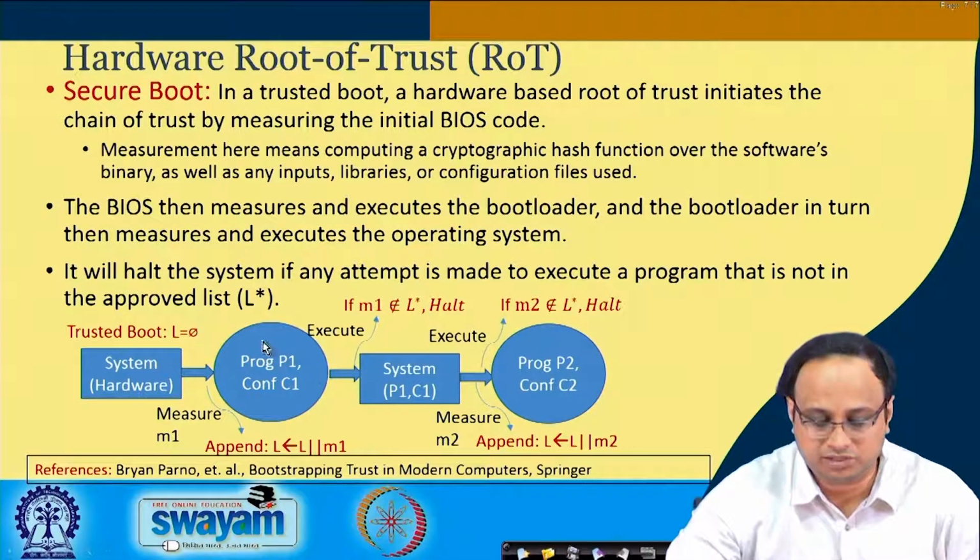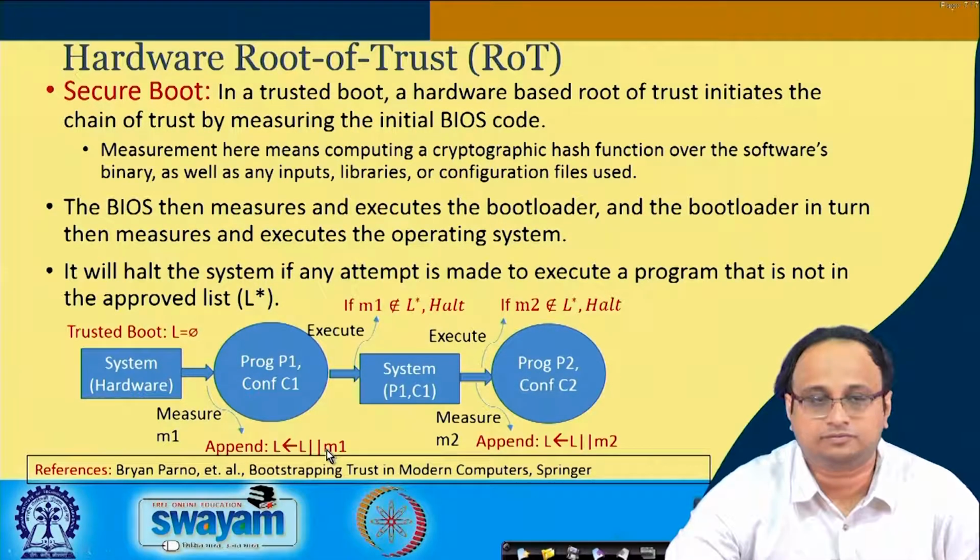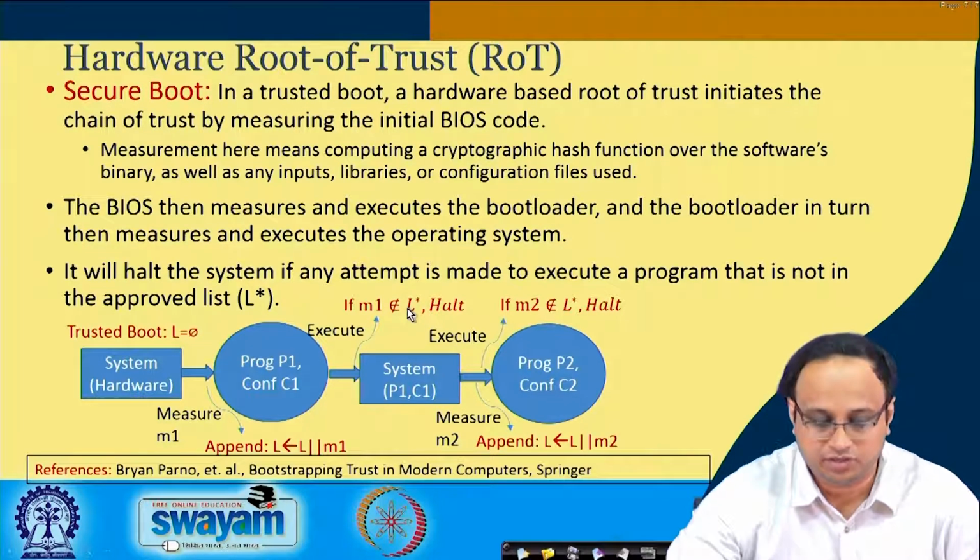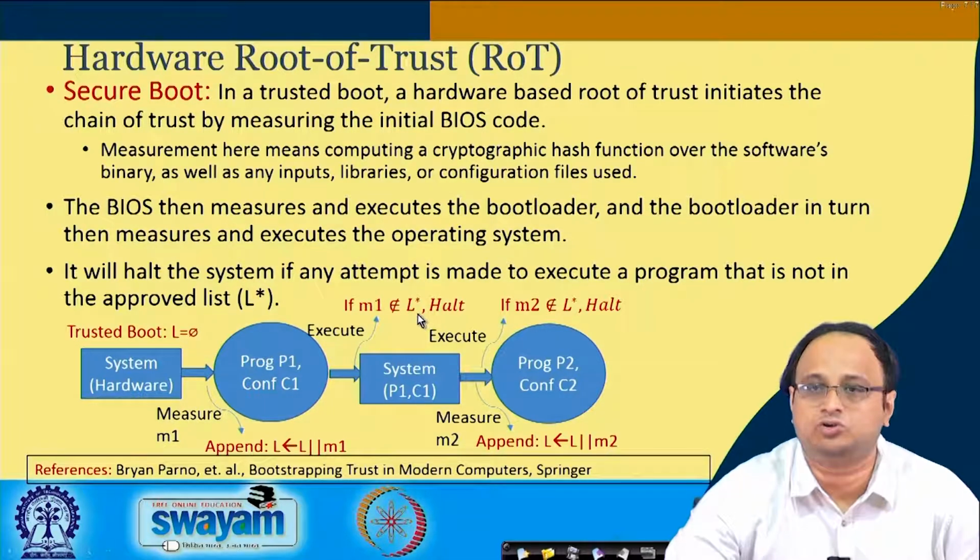Once the measurement is done, it is appended to a chain of trust. If this measurement does not belong to an approved list, denoted as L star, then the process itself halts at that point and does not go further.